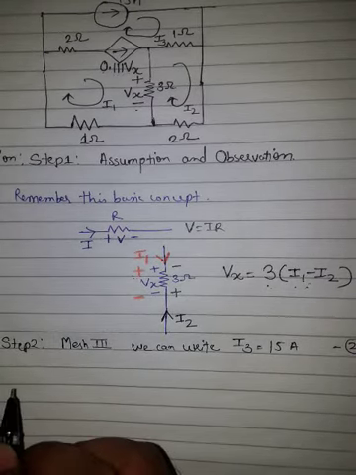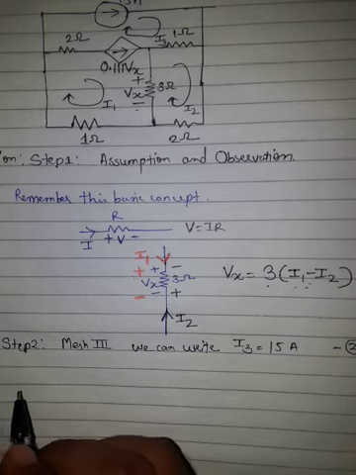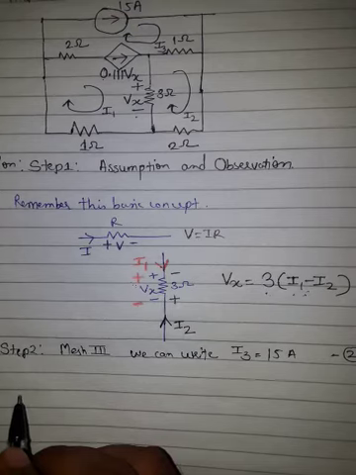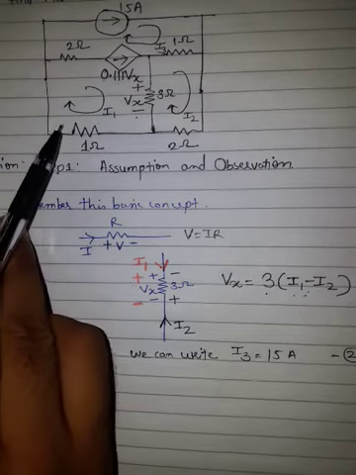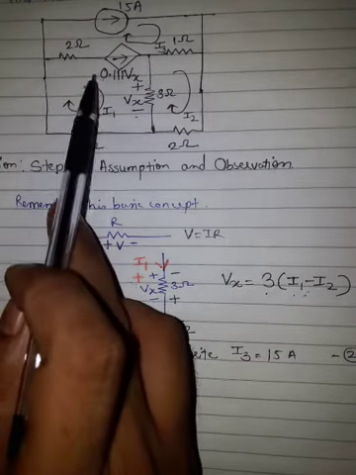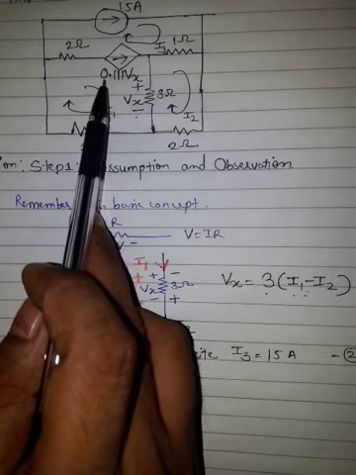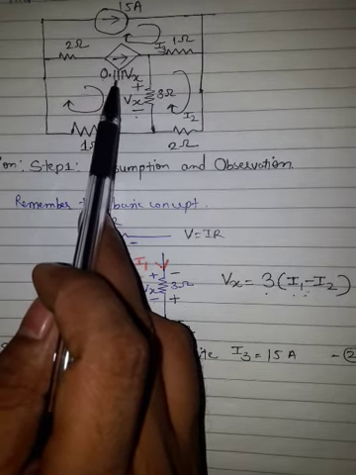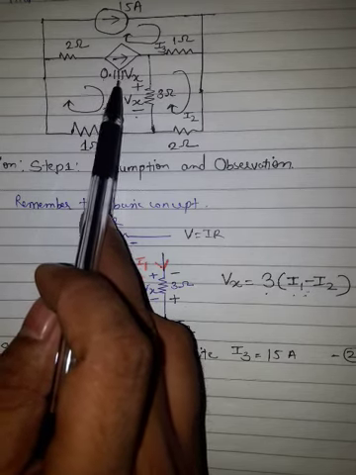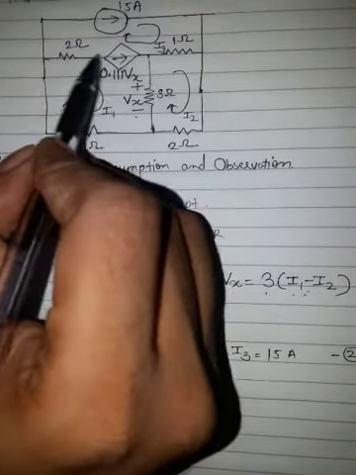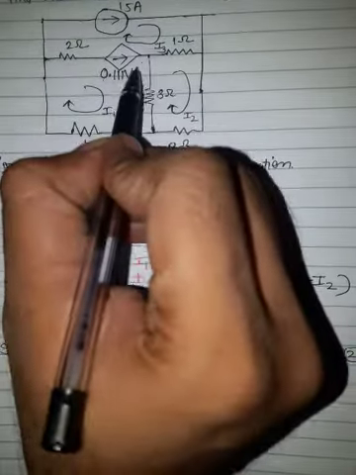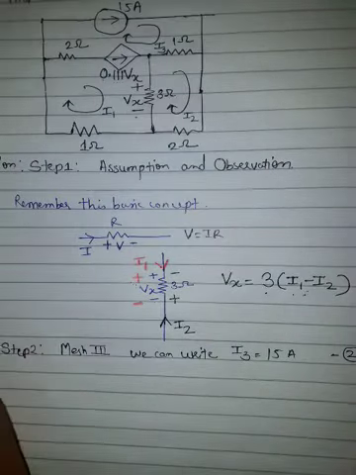And if you observe again in the circuit, in mesh 1 there is a current source, that is 0.111 Vx. Now you can see this current source is between this branch.